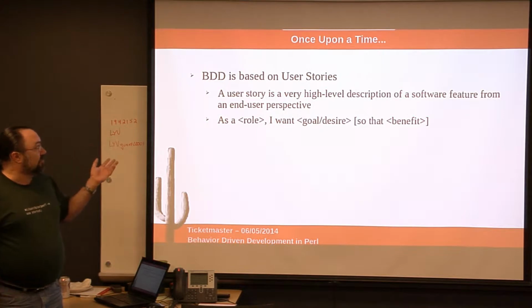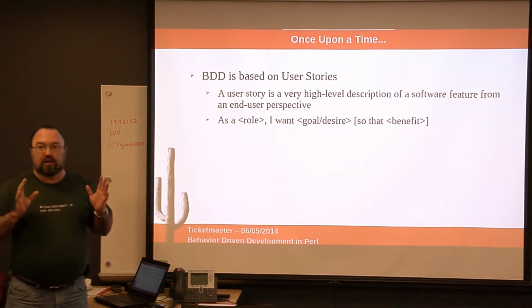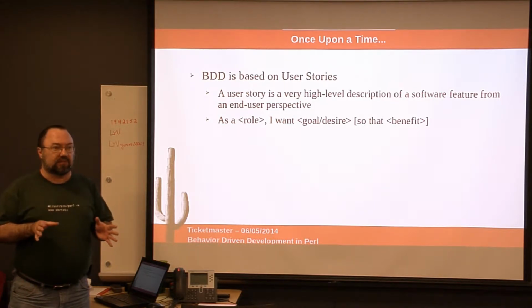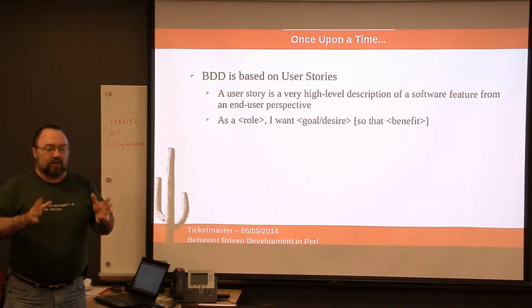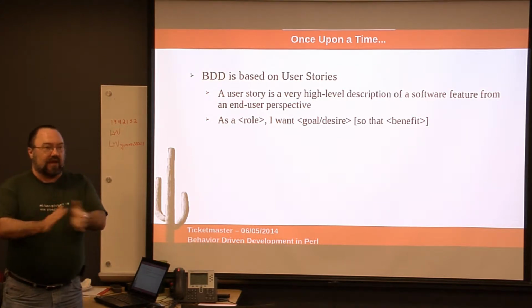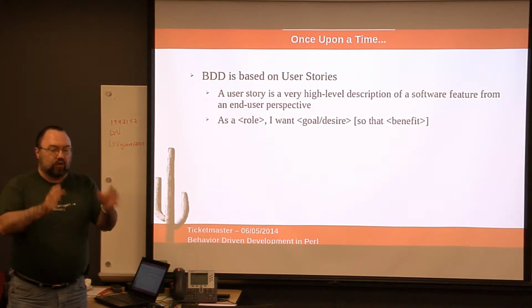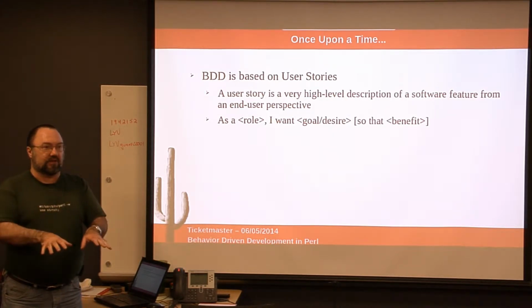So basically, a user story is a high-level description of a specific feature from the end user perspective. So if they are using an application, say, a piece of medical software, they have to have the ability to enter a new patient's information into the system.